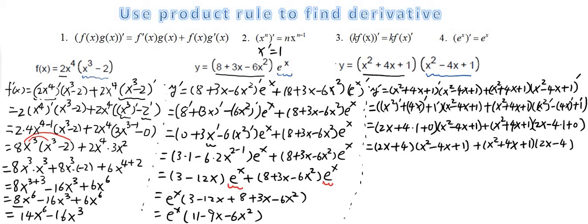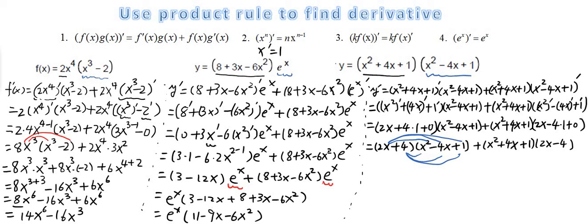Okay, now we can use distribution. 2x times x squared, 2x times negative 4x, 2x times 1, and 4 times x, 4 times negative 4x, 4 times 1.